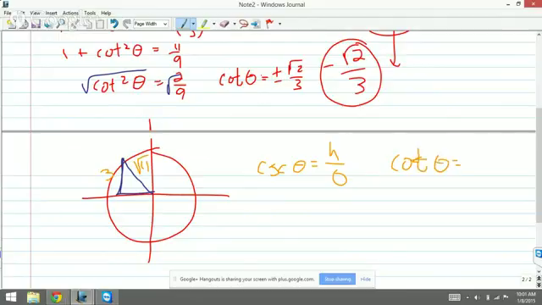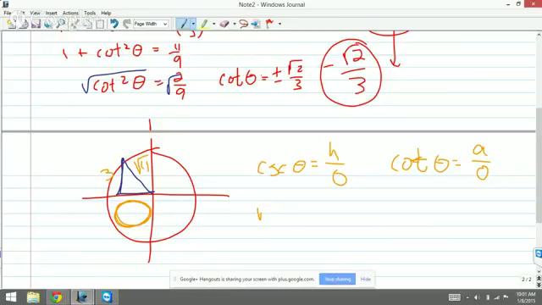We're looking for cotangent, which is adjacent over opposite. So we need to find the value there for A, right? Using what theorem? Yeah, you can use the Pythagorean theorem now.